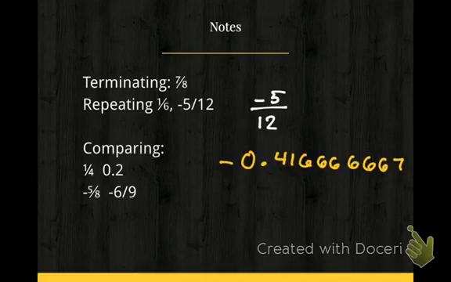Remember that 7 is going to show up just because our calculator runs out of space. And so we could write this as -0.416 with a line over the 6. And remember that line only goes over the 6 because that is the digit that repeats.